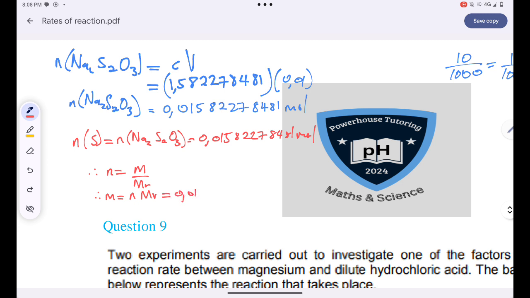That's 0.01582278481 multiplied by the relative atomic mass number. Sulfur is equal to 32 grams per mole. So multiplying by 32, I'll simply get a mass of 0.506, and now I can round off to 2 decimal places. Now this will be 0.51 grams. So the mass of sulfur in experiment D will simply be 0.51 grams.